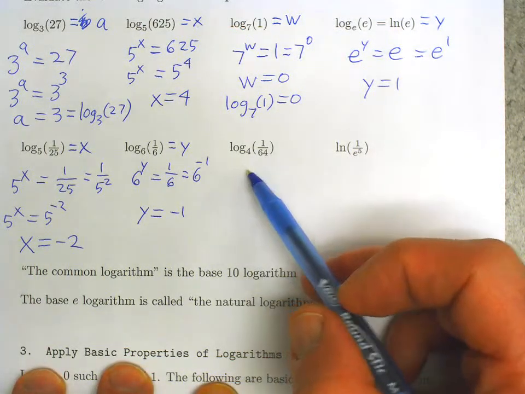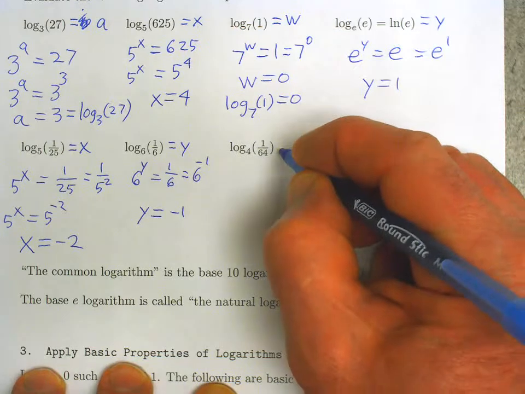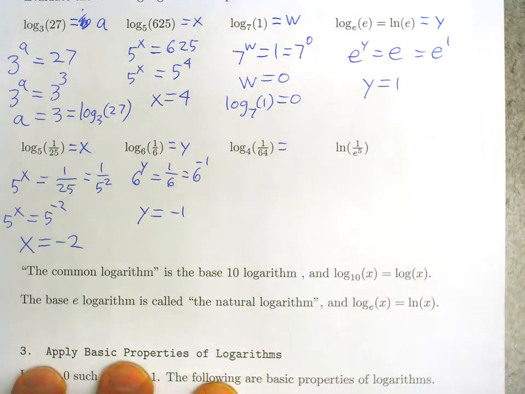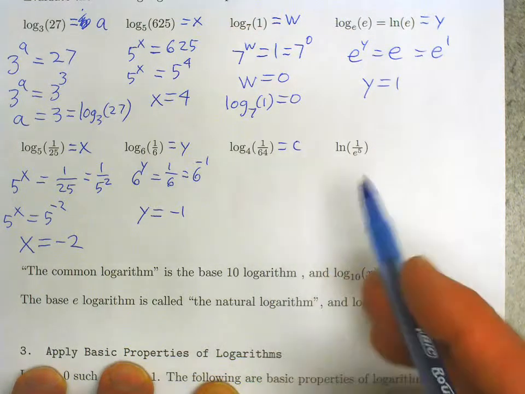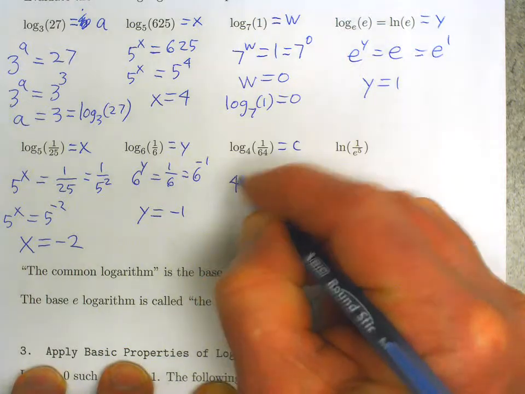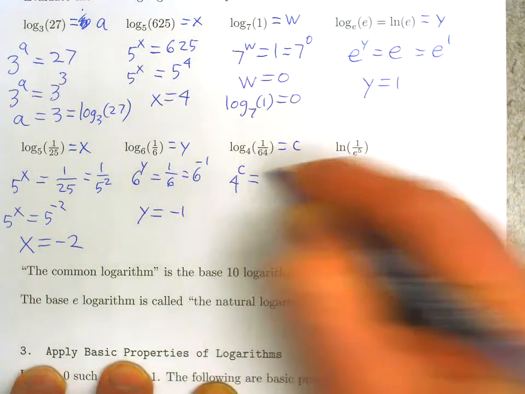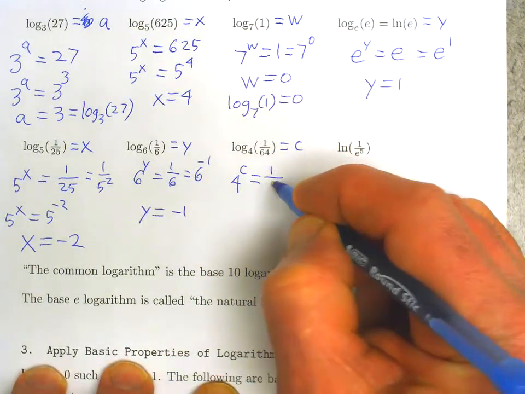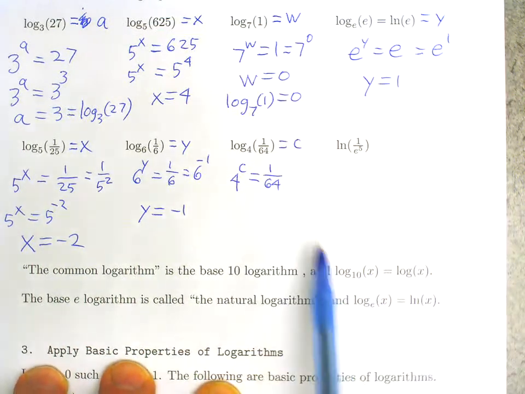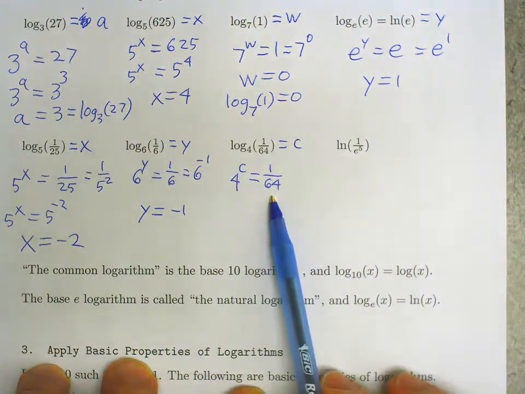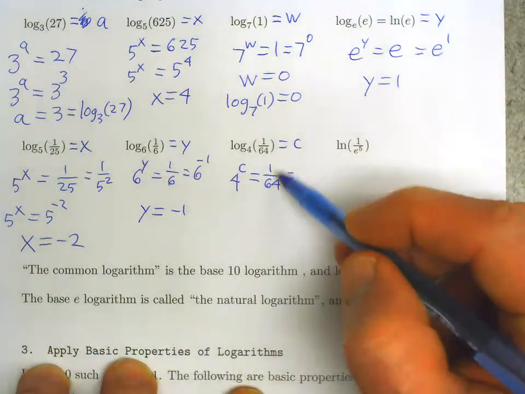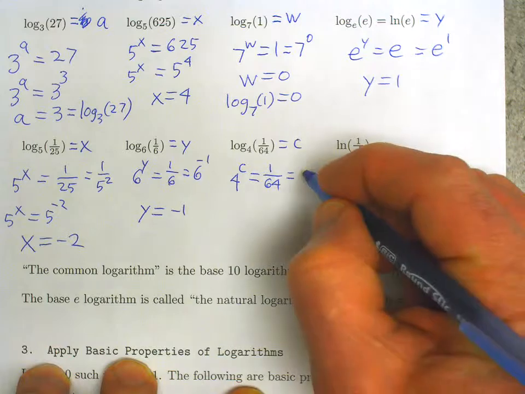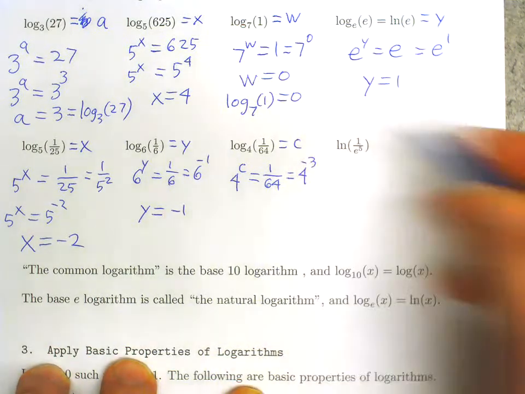Log base 4 of 1 over 64. Let's say that it's equal to c. So convert this to an exponential equation. The base number 4 raised to the exponent c equals 1 over 64. In the denominator, 64 is 4 to the third. And so 1 over 4 to the third is 4 to the negative 3.